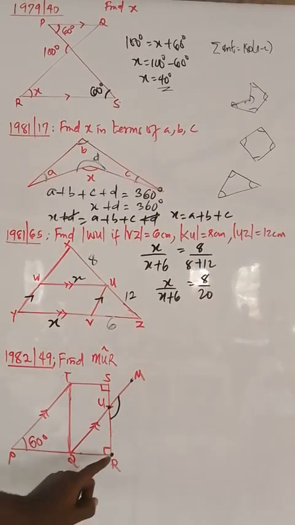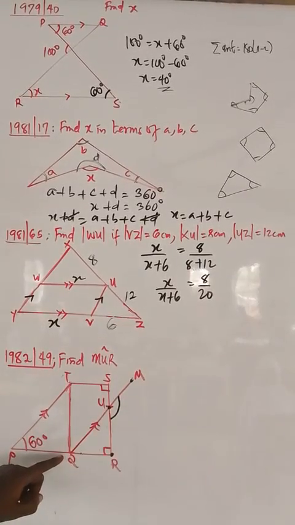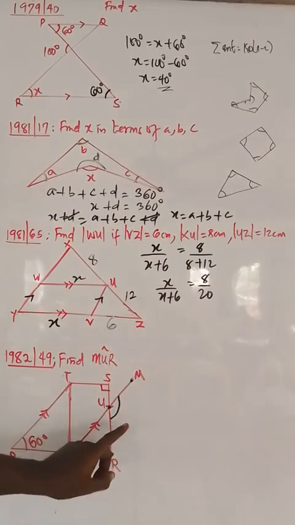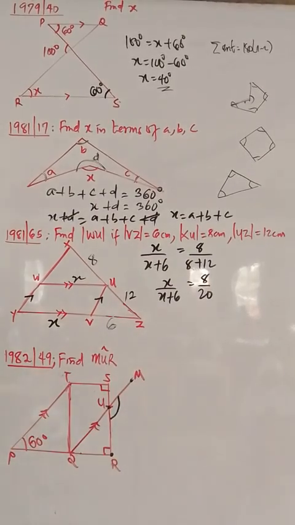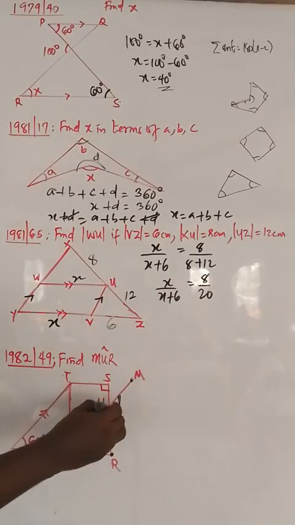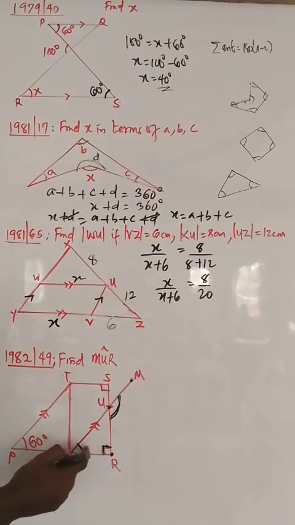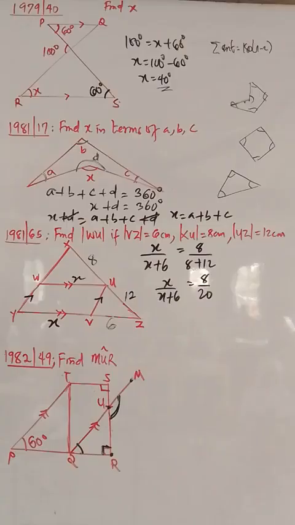This is a right-angled triangle, and this line QU is produced to M. So this is an exterior angle. Exterior angle equals the sum of the opposite what? Interior. So this angle here equals this angle plus this. This is already 90, so we only need to get this angle. So the question should be, how can we get this angle? Do not panic at all.